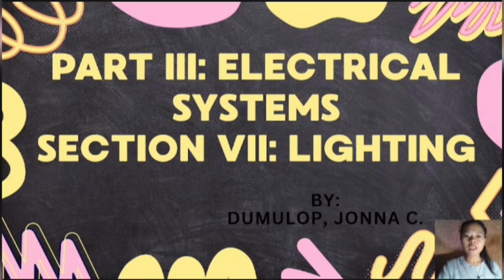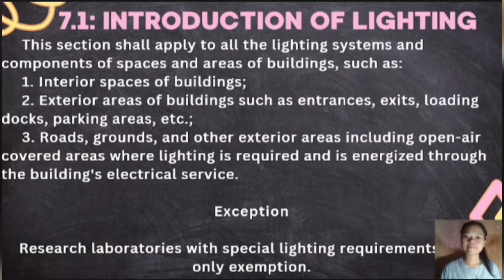Lighting is an essential component of the electrical system. Exterior areas such as loading docks, parking areas, and roads, and other exterior areas, are often covered areas for lighting guard and exercise well electrical system.